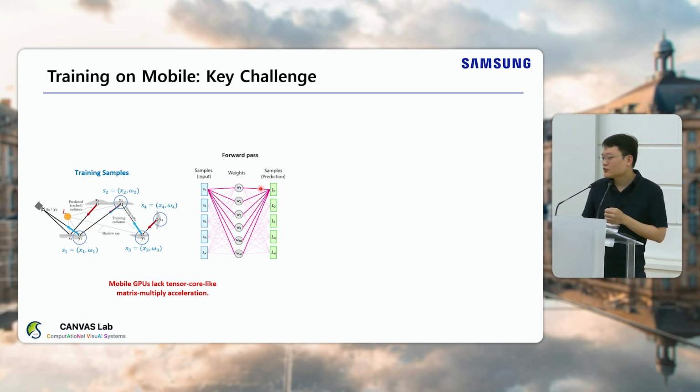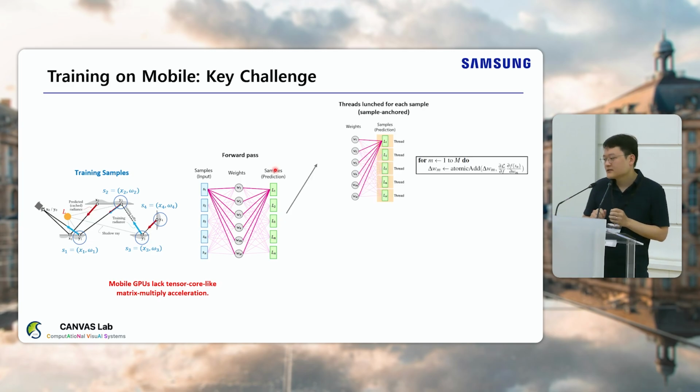Then for each sample, we predict the Radiance value using all the weights in the MLP. The problem is that mobile GPUs don't have a tensor-like matrix multiplication accelerator, so we need to do them one by one. This is for the forward pass.